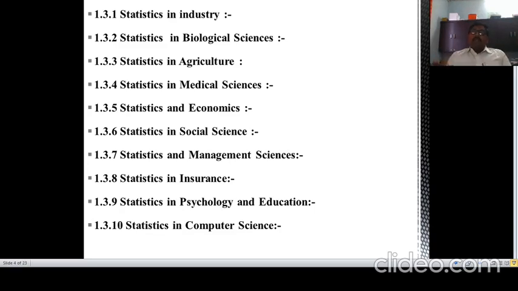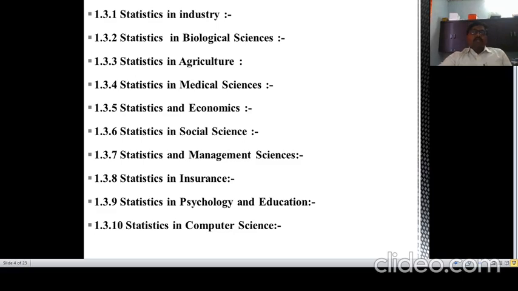Apart from this, various optimization techniques known as linear programming, transportation technique, job assignment problem, sequencing, CPM and PERT, replacement problems, inventory control are also useful.